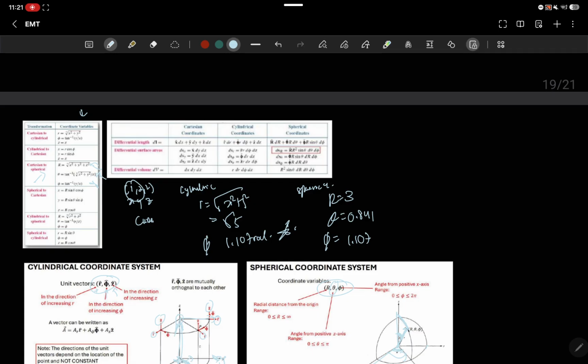Then maybe we have our cylindrical coordinate now as 2, 3, pi over 3 and -2. So this is R, this is theta, this is z. Using this, we actually can identify the coordinate system.